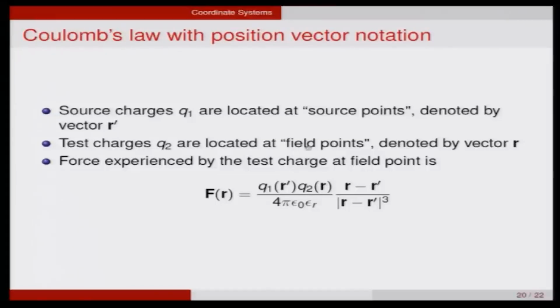Okay. You will soon see why this is called field points, but for now just take the fact that the position vectors without a prime are called field points, position vectors with prime are called source points. Okay. So this part has not changed. All that we have done is to identify the position of the charges. So Q1 is at r prime, Q2 is at r.